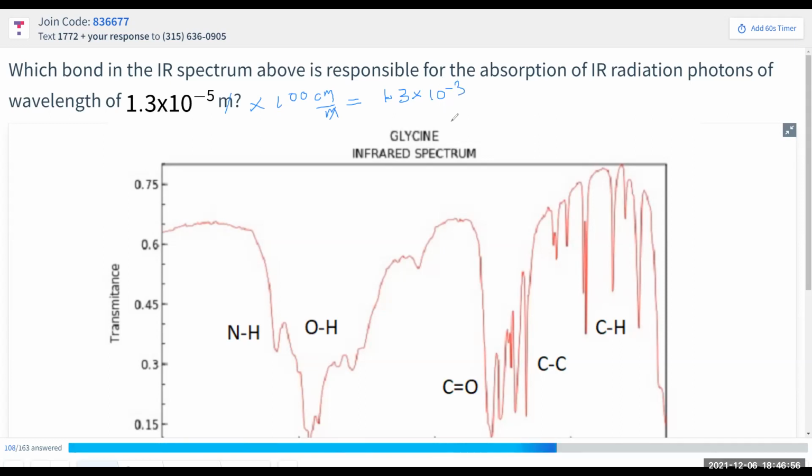Now I have the wavelength, which is lambda in centimeters. Now all I have to do is take the inverse of that, which is 1 over lambda. So 1 over lambda of that should be 1 divided by 1.3 times 10 to the power of minus 3. And now I'm going to get the units of per centimeters.